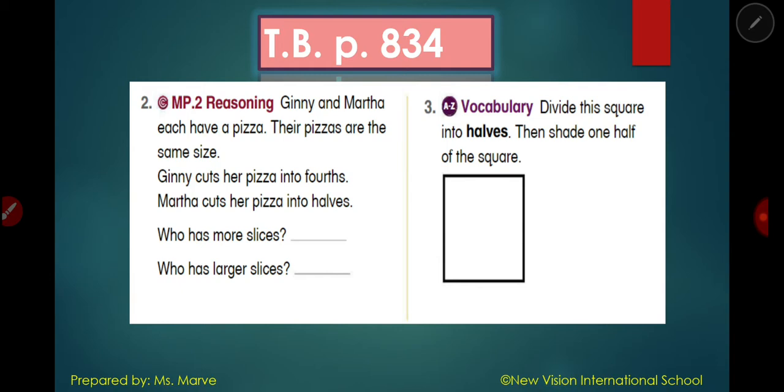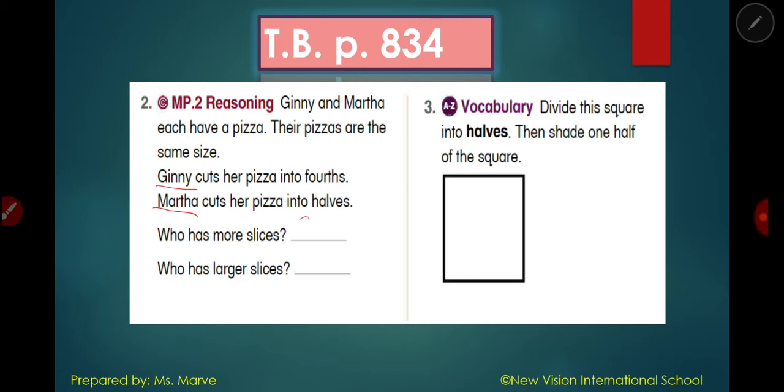Now, I will read the question. Jeannie and Martha each have a pizza. Their pizzas are the same size. Jeannie cuts her pizza into fourths. Martha cuts her pizza into halves. Who has more slices? You need to write the name. Is it Jeannie or Martha?